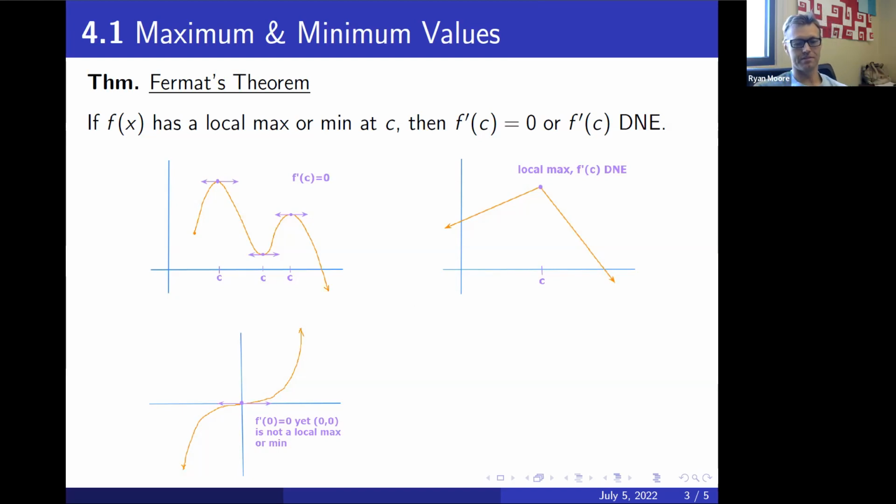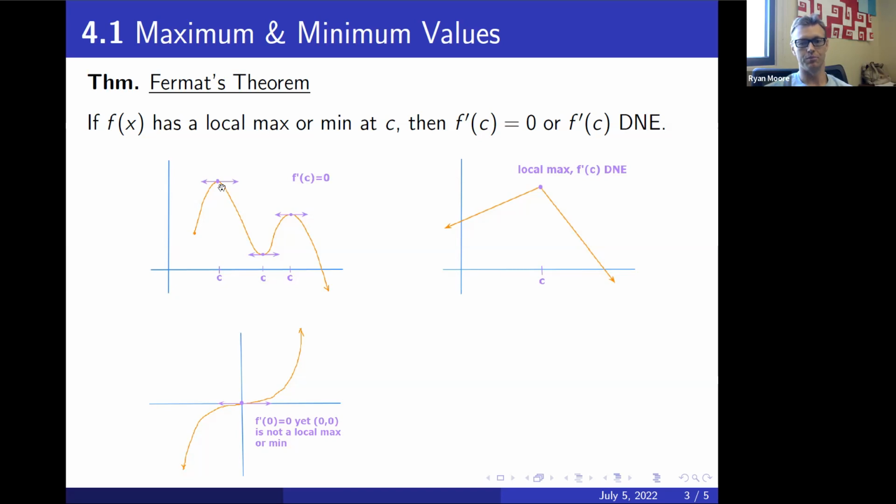So for f of x equals x cubed, f prime of 0 would equal 0. The derivative at the origin would be 0, yet that's not a local max or a local min.